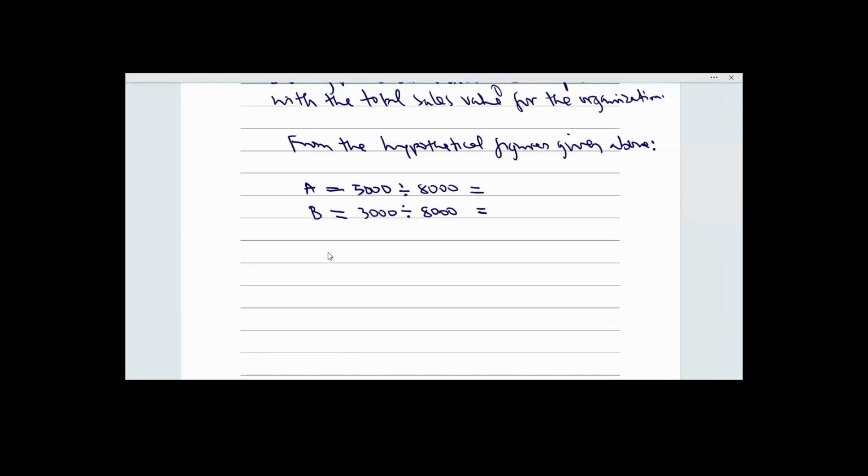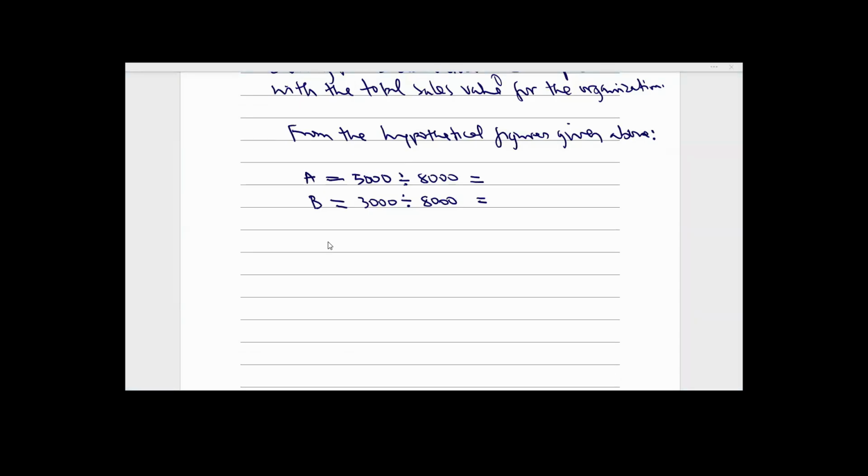So in this case, 5,000 divided by 8,000 is 0.625 or 62.5%.